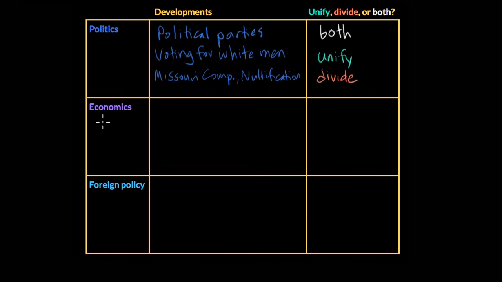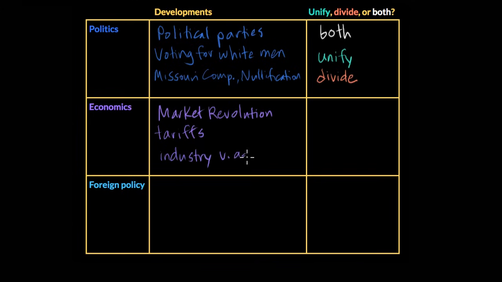Okay, on to economics. Major developments in this time period include the market revolution, the controversy over tariffs, and the increasing separation between the economies of the industrial North and the agricultural South. Of these, I would say that separate economic systems definitely promoted a divided regional identity. The controversy over tariffs also promoted divisions, in that Southern plantation owners thought that tariffs gave advantage to Northern manufacturers at their expense.